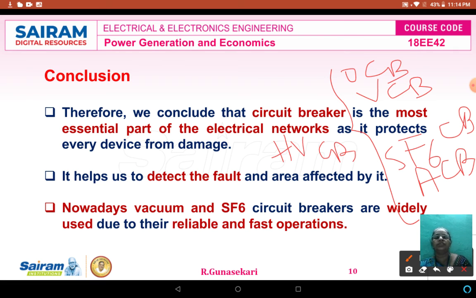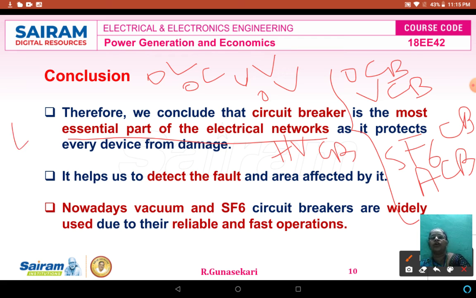Now you see the conclusion. The circuit breaker is the most essential part of the electrical network, because it can be used as a protective device as well as a controllable device. It protects against damage such as overload, over current, under voltage, over voltage, earth fault, open circuit fault and short circuit fault.